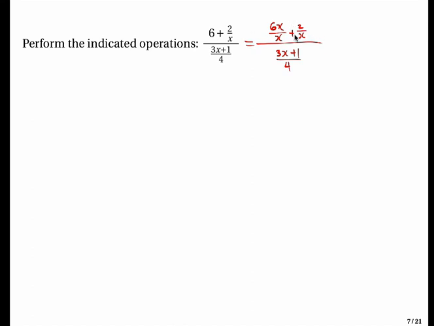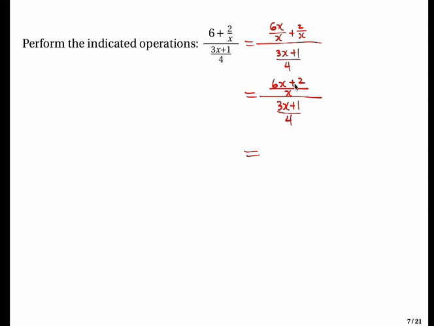Then we combine this. It becomes 6x plus 2 divided by x, all over 3x plus 1 divided by 4. And then, from division, we rewrite this as multiplication.